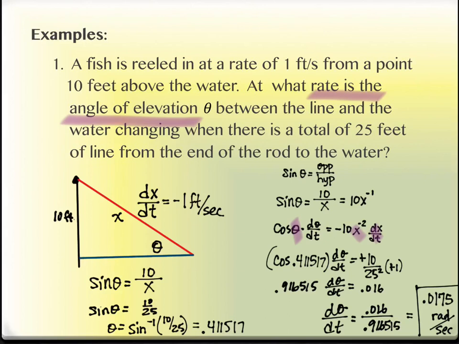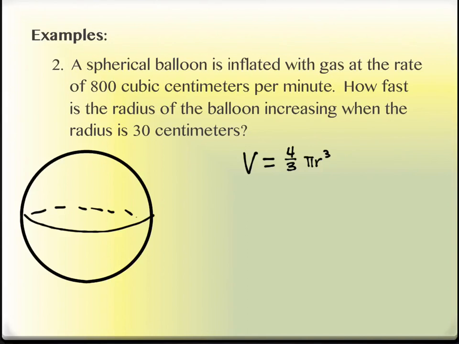I had theta and I had x, and it was messier, in part because the theta was already embedded inside of a cosine, or sine. We don't have that going on over here. It's just V. So when we take this derivative, it's going to be an easier derivative to work with, just FYI.